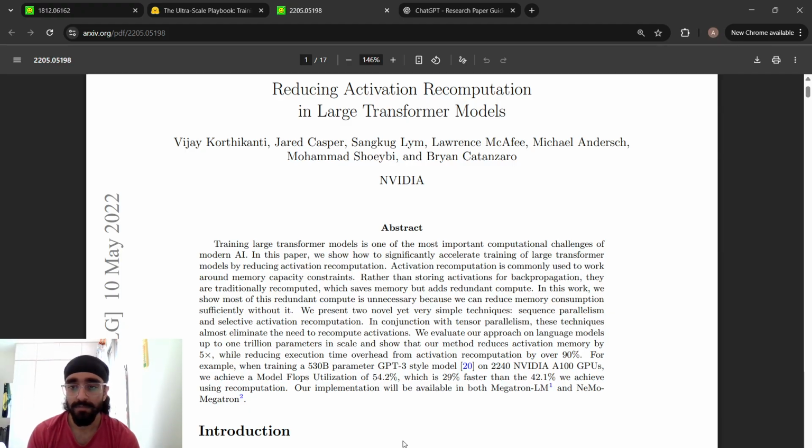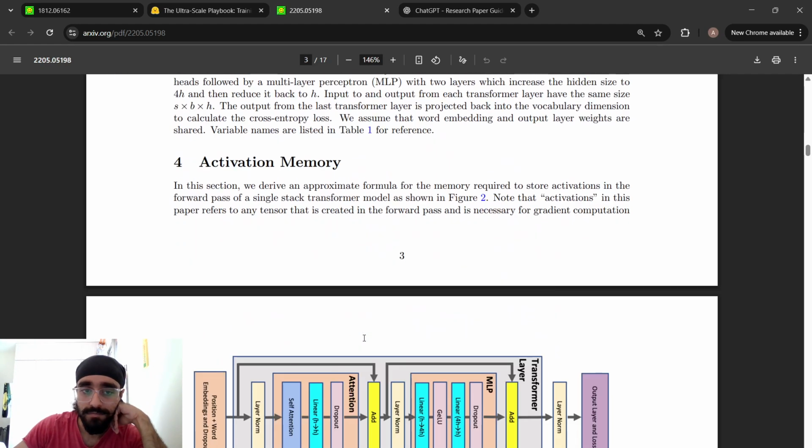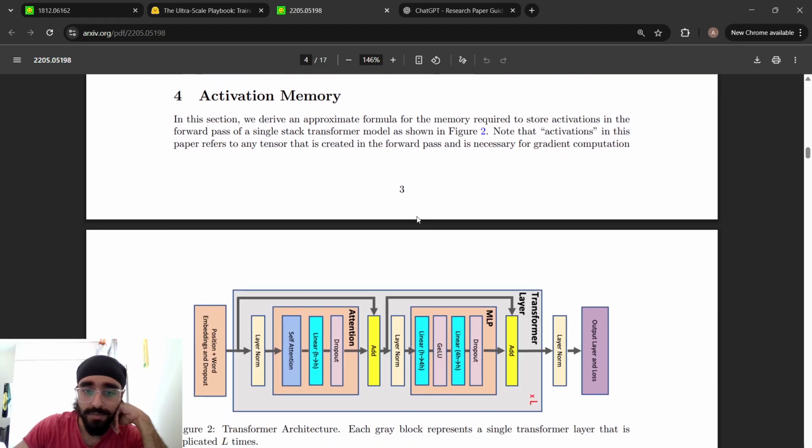Storing activations, sequence parallelism and selective activation recomputation, activation memory.